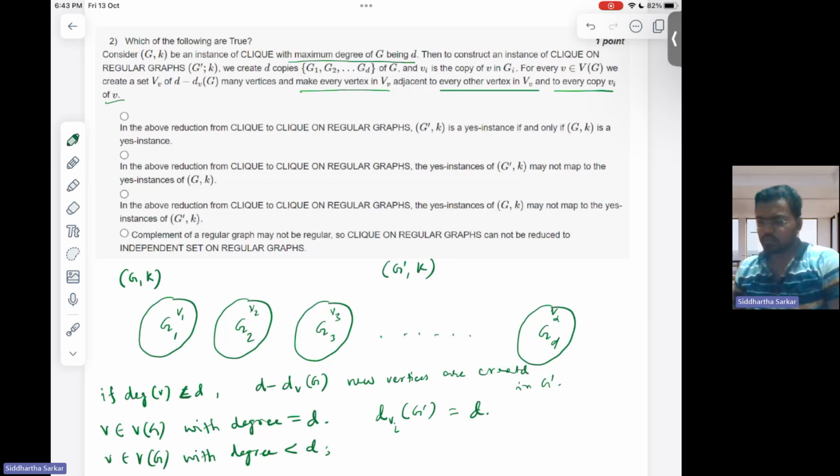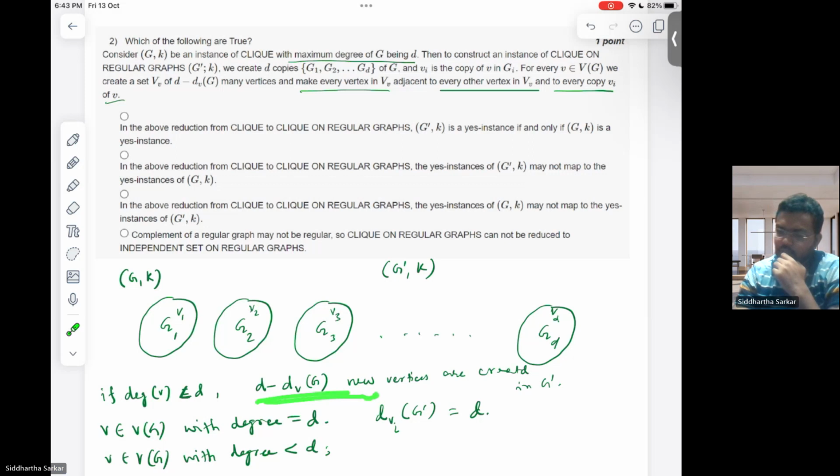We introduced d minus d_v(G) vertices. Consider each of the copies of v first. Each of these new vertices is connected to every copy of v, correct?